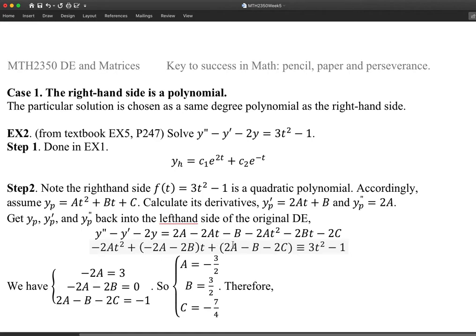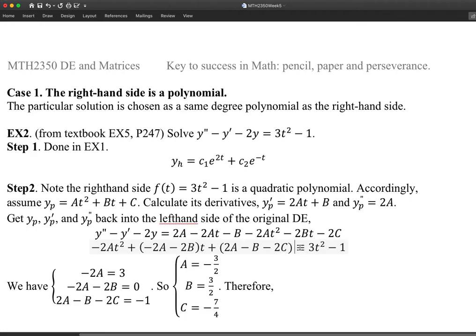Usually this is the standard approach, how we handle polynomials. Usually we put the polynomial in descending order, starting from t squared, then t, then constant. Okay. So I'm having the term with t squared, the coefficient with t, and then the constant.